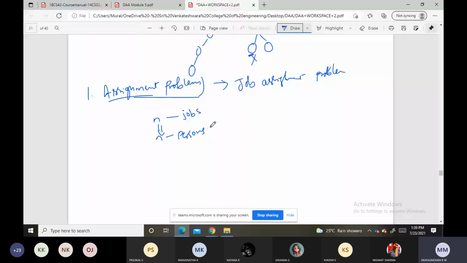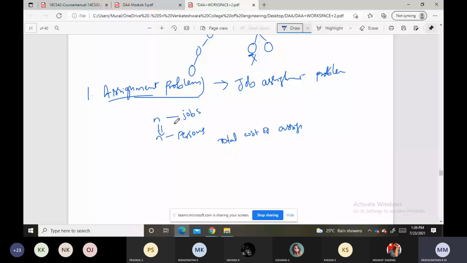And the total cost of assignment should be minimum. Kindly observe the problem, what it says: we have n jobs and n persons.